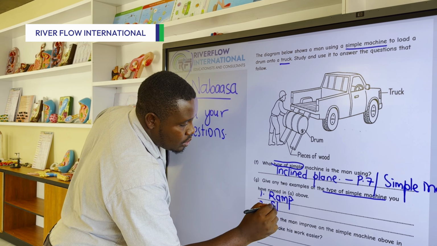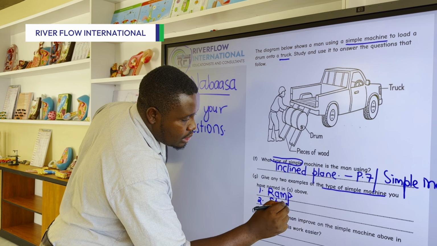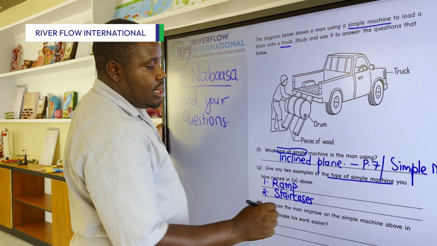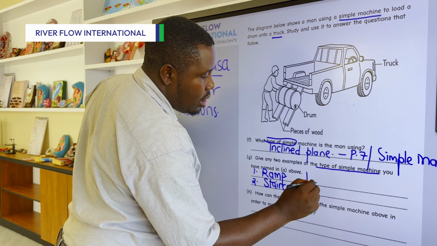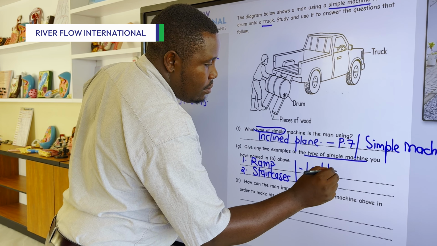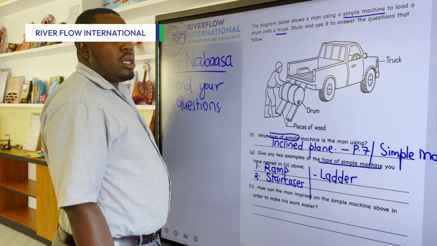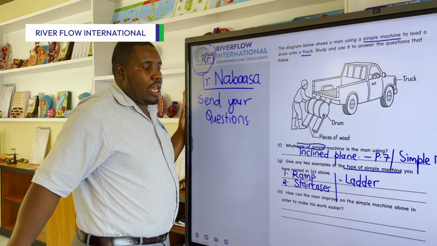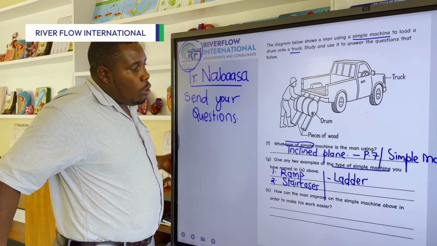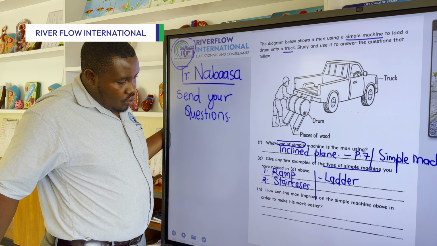Then also on storage buildings, there are staircases. Those of you who have ever been on constructions can also use ladders. The ladder is also one of the examples of an inclined plane in real life.